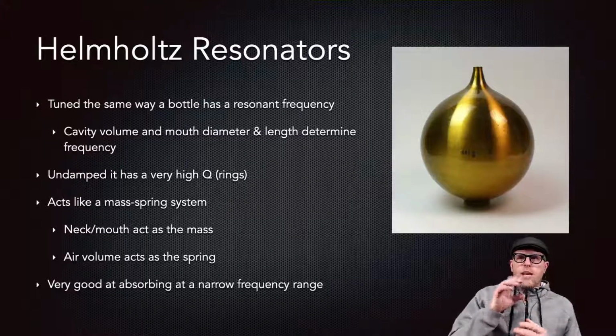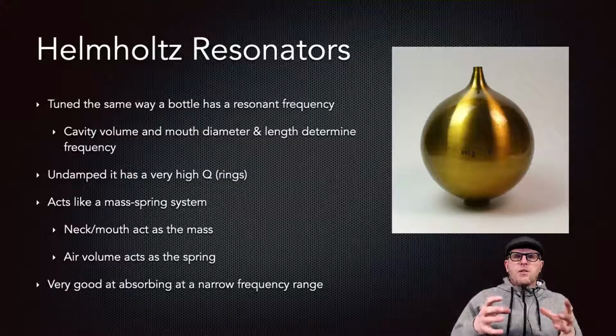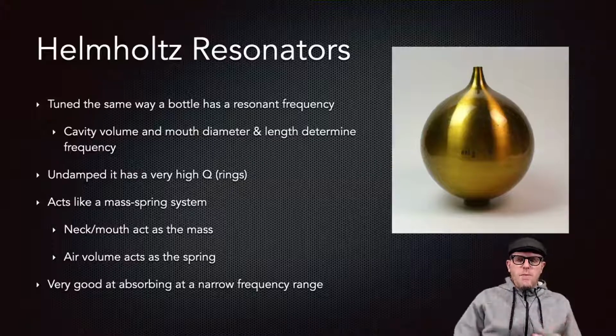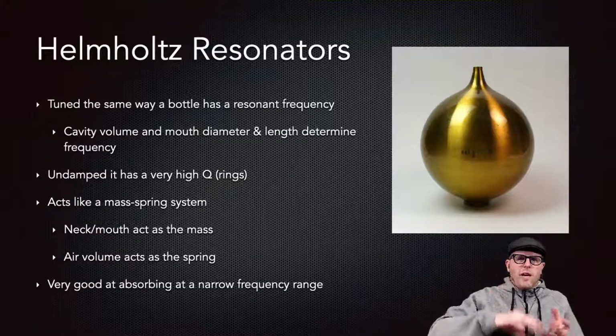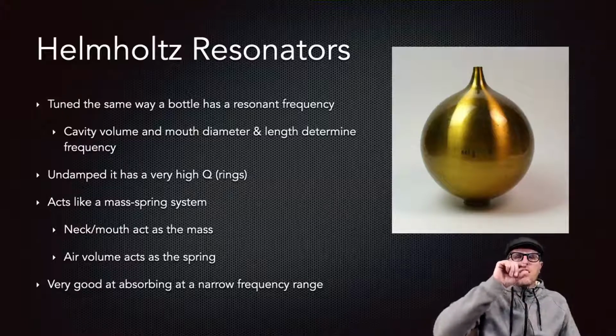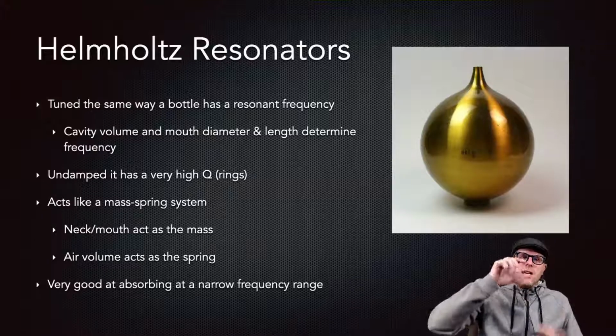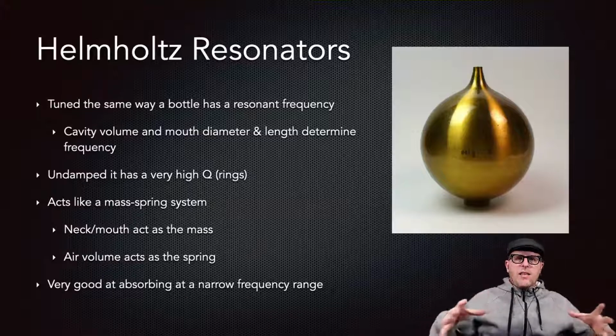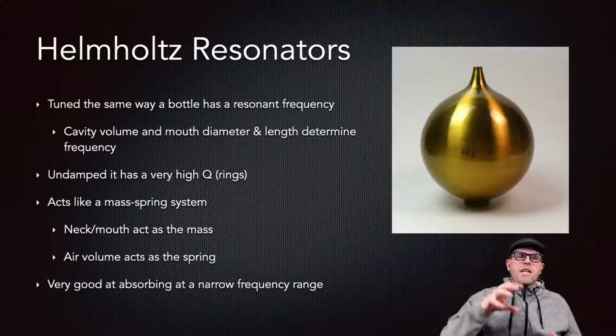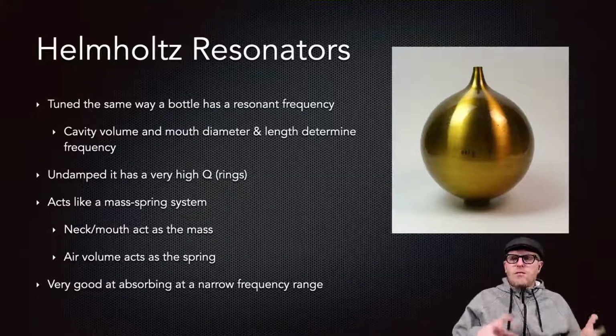Based off the size of that bottle, a bottle is basically a mass spring system. The air inside the bottle is acting as a spring, and the lip of the mouth is acting as the mass. If I make the jug bigger, the frequency goes down, because the spring gets looser with the air inside.